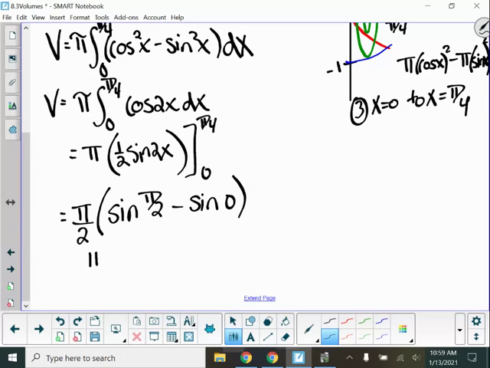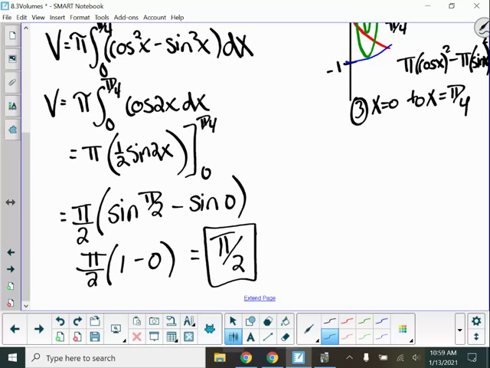Well, the sine of pi over 2 is 1. Sine of 0 is 0. So I have pi over 2 times 1, which is simply pi over 2. And this is going to be units cubed. Pi over 2 units cubed.